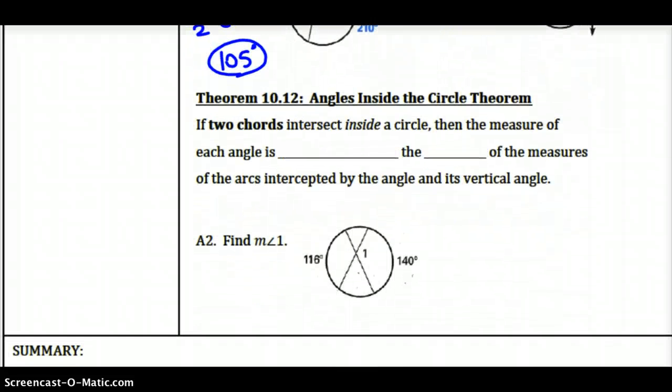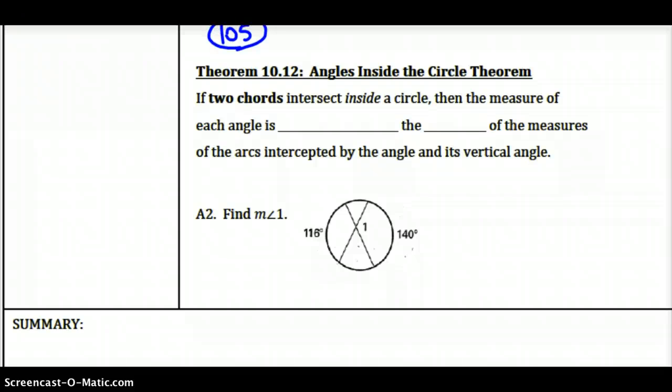Theorem 10.12. Angles inside a circle theorem. If two chords intersect inside a circle, then the measure of each angle is, and we're going to change this, is the average of the measures of the arcs intercepted by the angle. And now let's remember that the average is 1/2 of the sum of that. So let's keep that in mind here. So perfect example here. They're asking about this angle here.